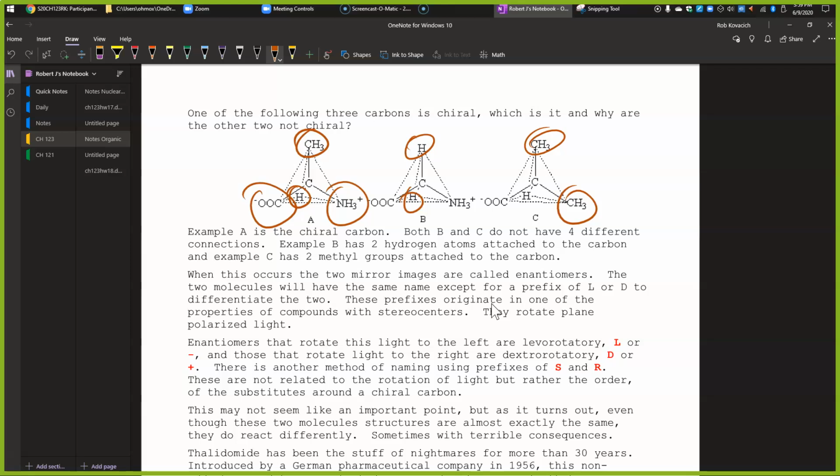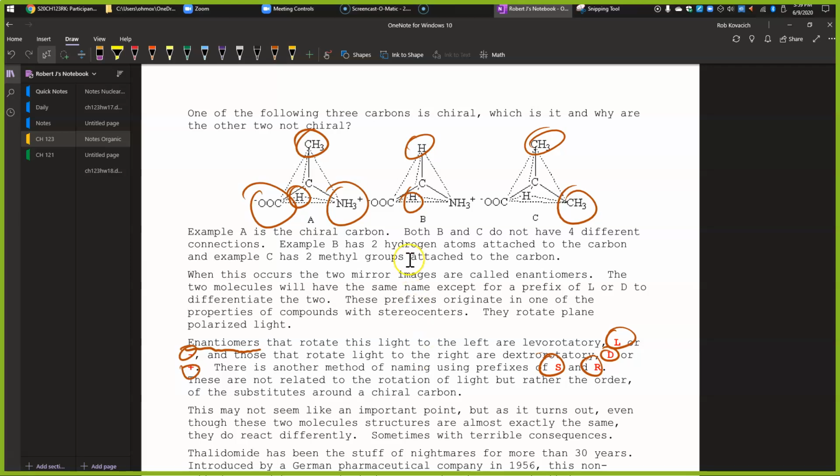So these things are called enantiomers of each other. That's a funny word to say, mirror image. Depending on which one you're looking at, it's either called an L or a D or a plus or a minus or an S or an R. It's not important for us to know that other than the fact that these designations exist.